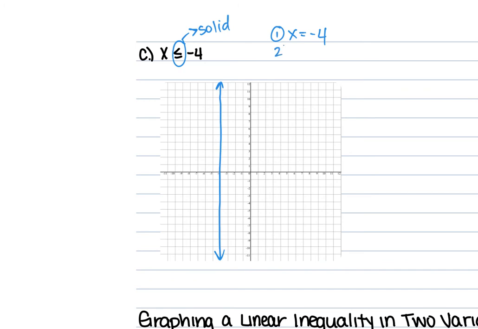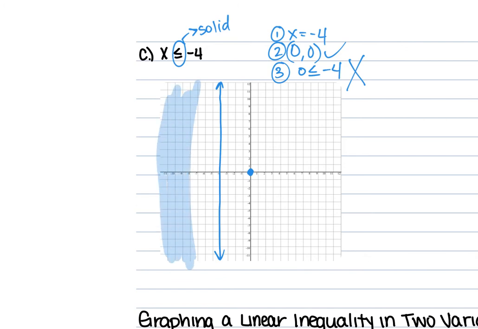Excellent. Step number 2, can we use 0, 0? Okay, we can. And step number 3 is check whether it works. Is 0 less than or equal to -4? No. So 0, 0 is right here, right? Is it on the right or the left of our graph? So should we shade that side? No. We're going to shade the other side.